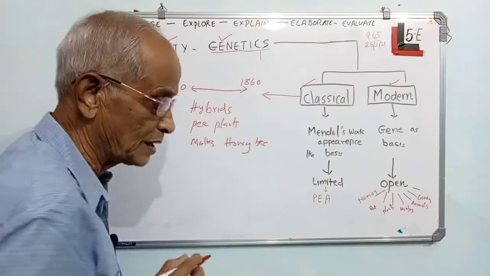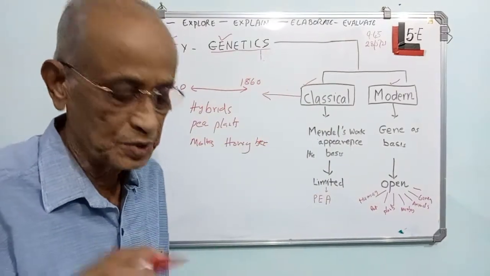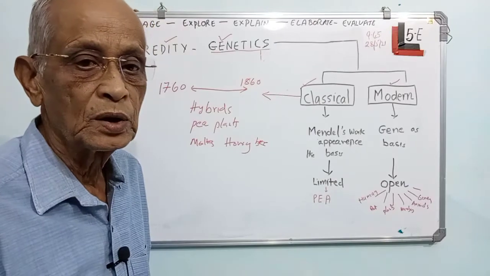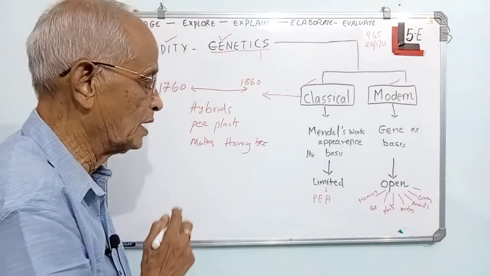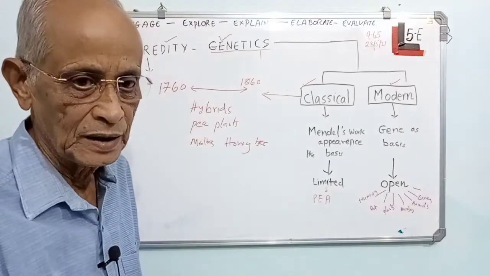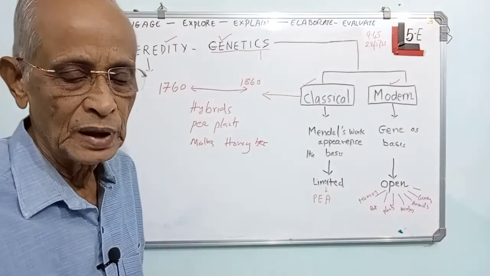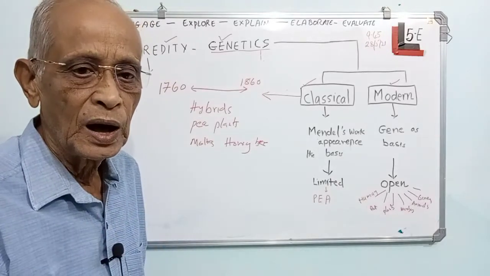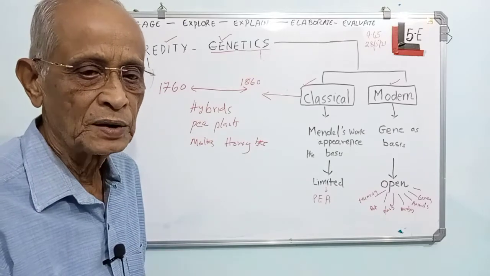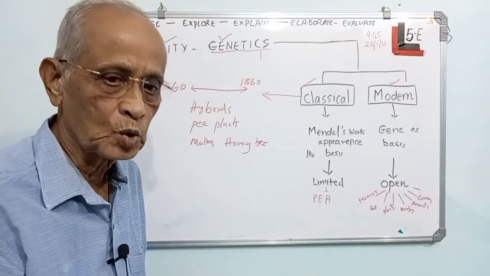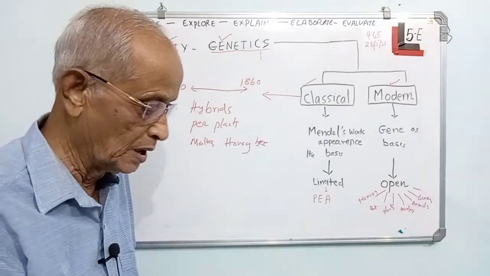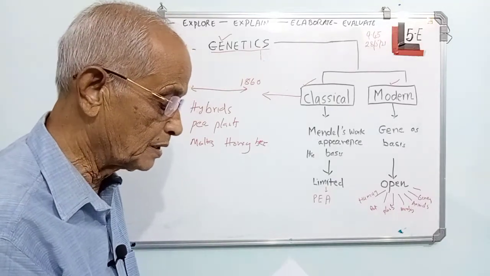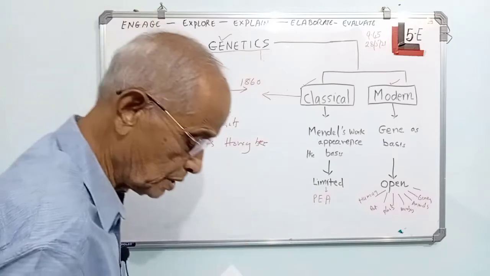There was an attempt by the earlier scientists to know how genetics happens in these, but it was not very clear because at that time there was no information on either chromosomes, DNA, or genes.